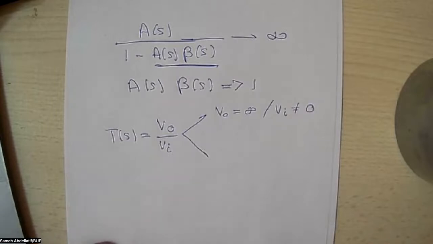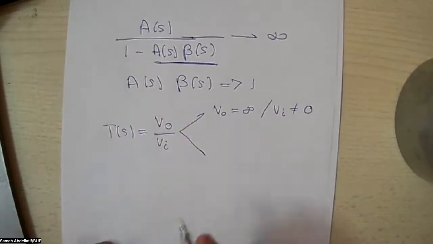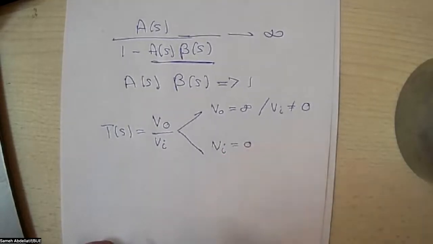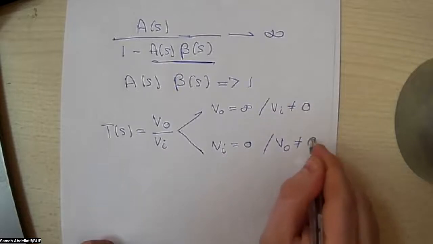But you can easily understand that this is not a physical assumption, because physically we don't have something called infinity. So you can never have an infinity output. The other way to get a transfer function equal to infinity is to have V input equal to 0, while V output is not equal to 0.